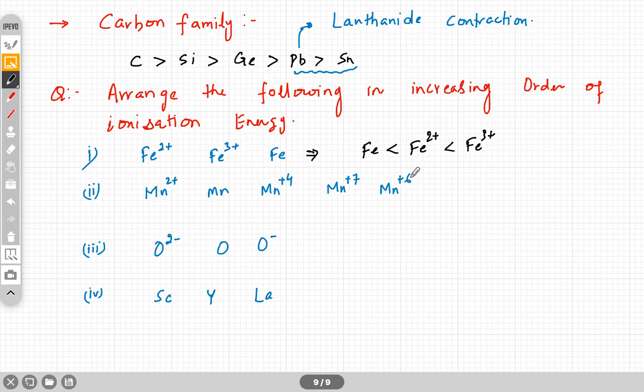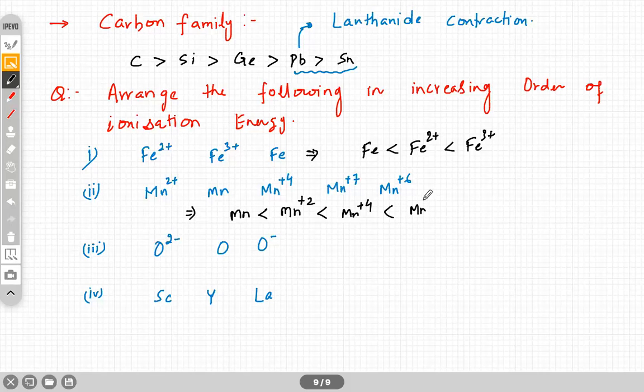And the same concept we have here for manganese. Mn is minimum, then we have Mn2+, Mn4+, Mn6+, Mn7+, right?